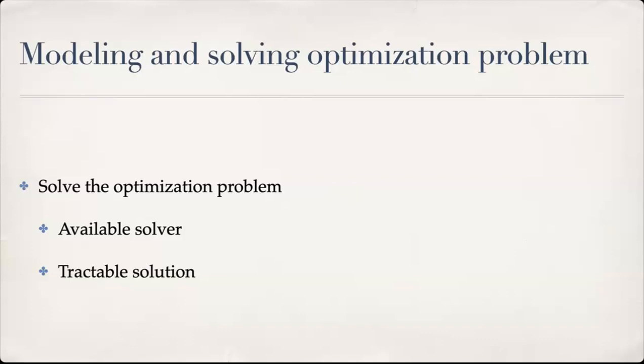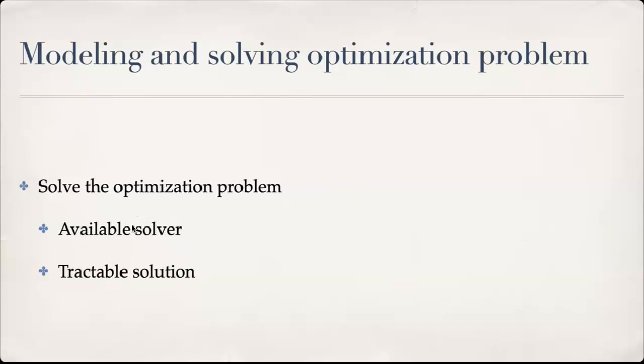And you see that before you formulate the optimization problem, you have to consider the resources you have, what solver you have. You should formulate the problem in a form that your solver can solve.